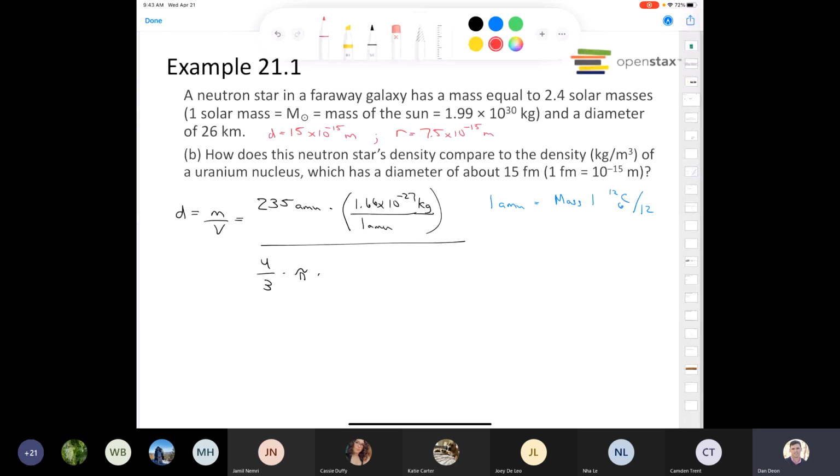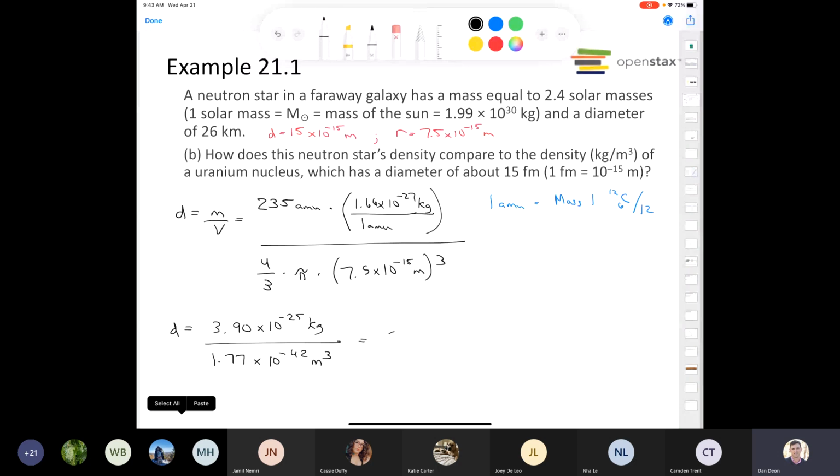Let's plug that number in and cube it. I simplified that to density equal to 3.90 times 10 to the negative 25 kilograms divided by 1.77 times 10 to the negative 42 meters cubed. And you get the density is equal to 2.2 times 10 to the power of 17 kilograms per meter cubed.